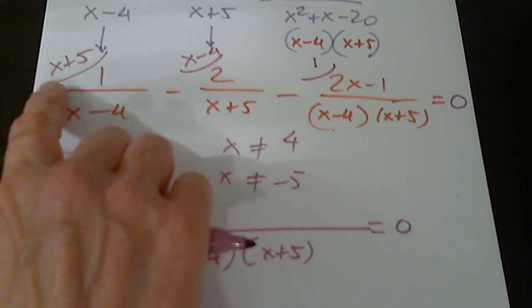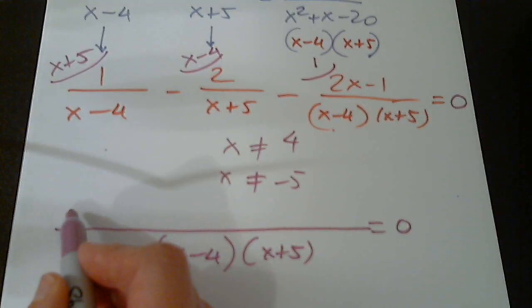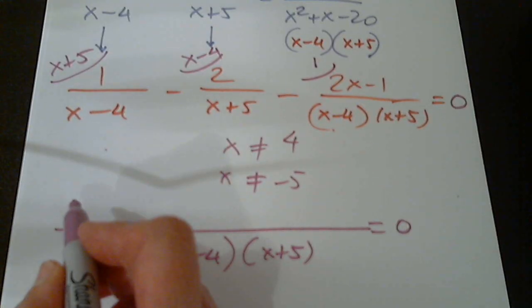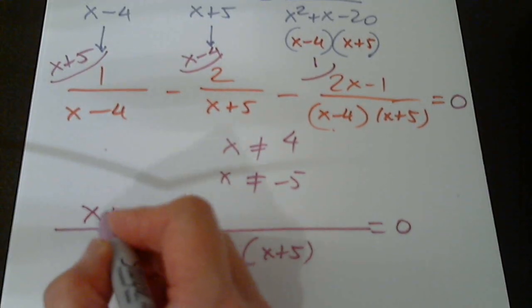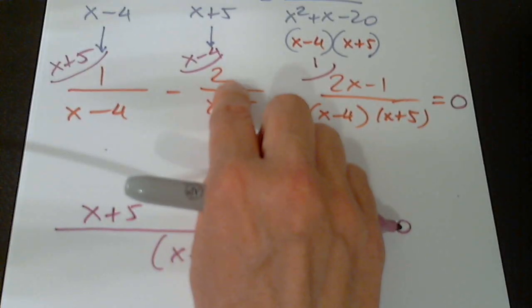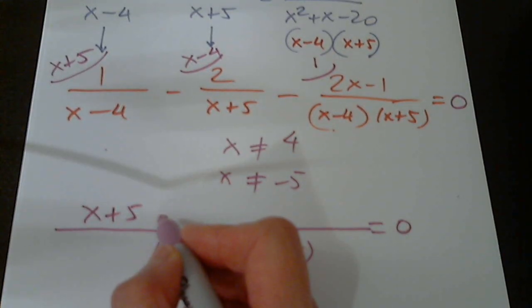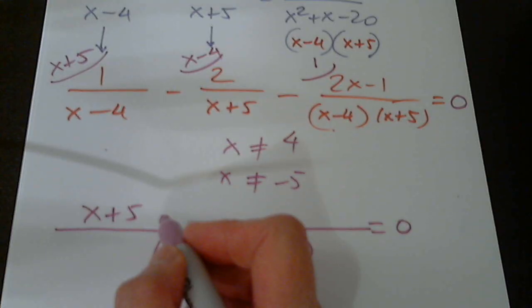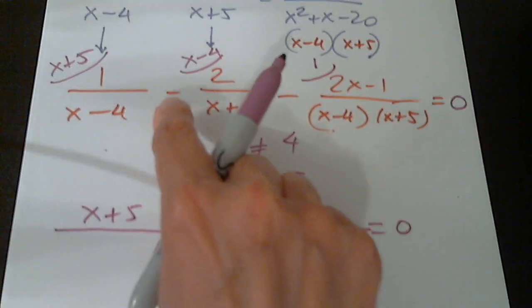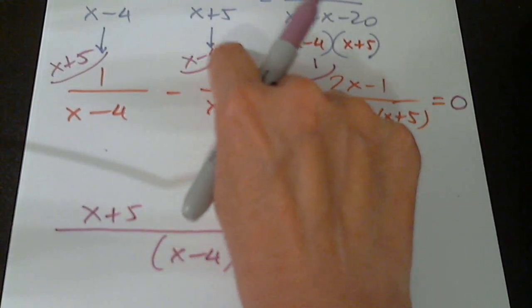Good. 1 distributed to x plus 5. What do I write? x plus 5. That's it. Negative 2 distributed to x minus 4.